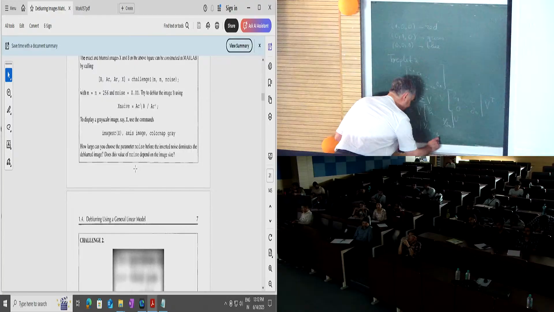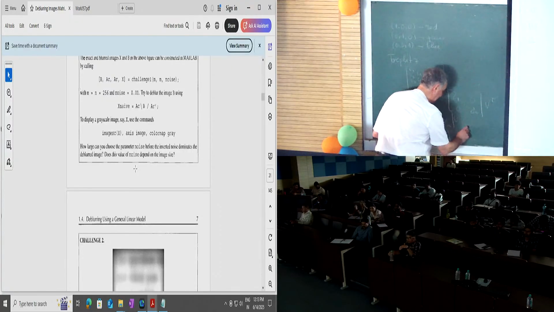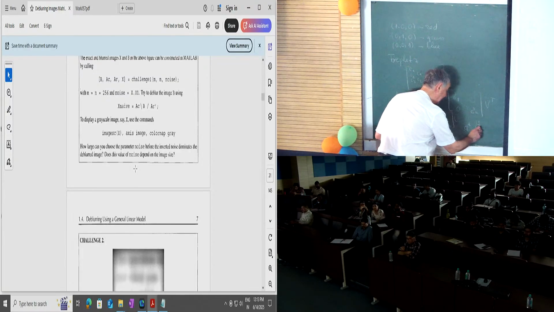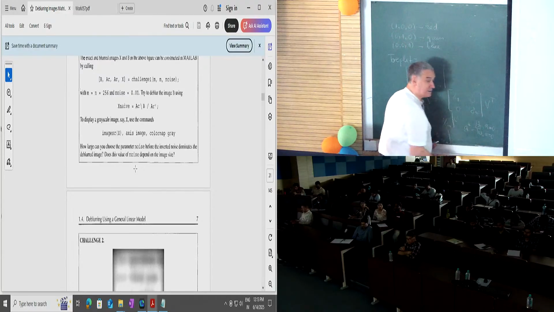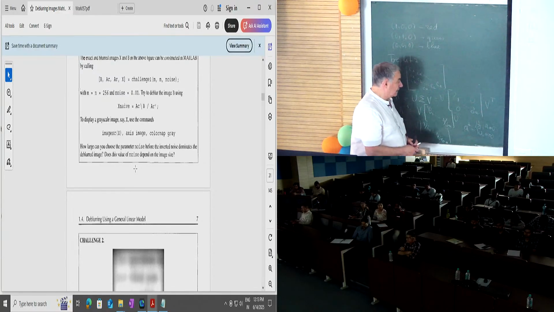One by sigma r and then 0. We use the property that 0 dagger is 0, and a dagger is 1 by a if a is different than 0, and 0 if a is equal to 0.